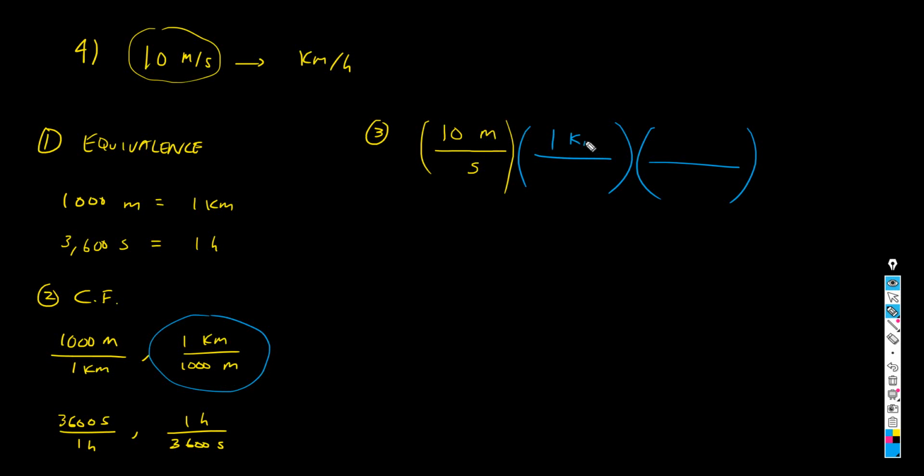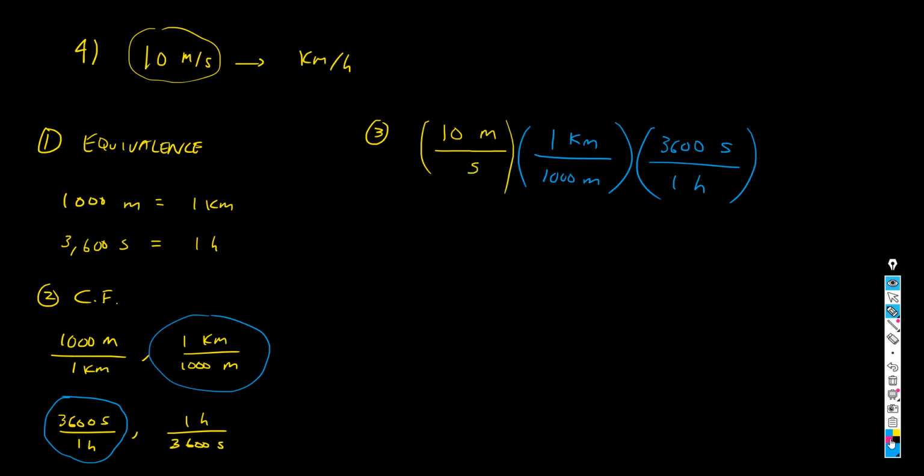So we're gonna write 1 kilometer over 1,000 meters, and in a moment we will cancel this meter with this meter. Now, my original quantity has seconds in the denominator. So what conversion factor am I going to use? This or this? I'm going to have to use this because it has seconds on top. And if I write it down, like so, then I can cancel this second with this second.